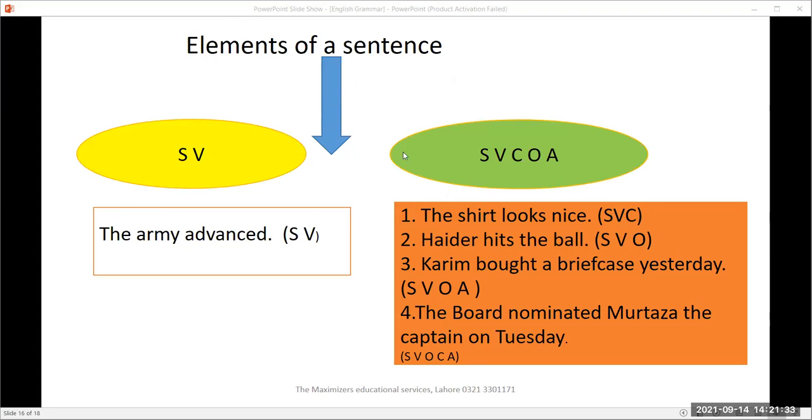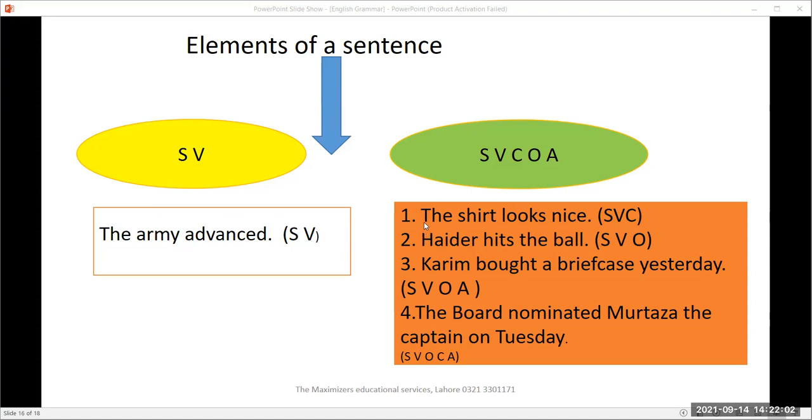Now, let us again revise elements of a sentence. The shortest possible structure of a sentence is subject and verb. The army advanced. So what is the army? It is a noun phrase, advanced is the verb. And according to the functional labeling, the army is the subject and advanced is the verb.